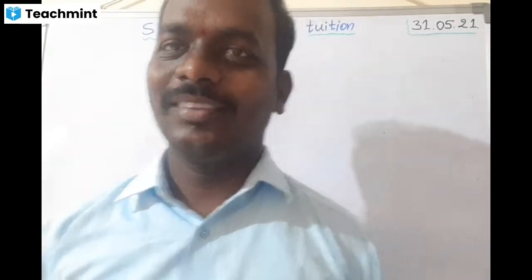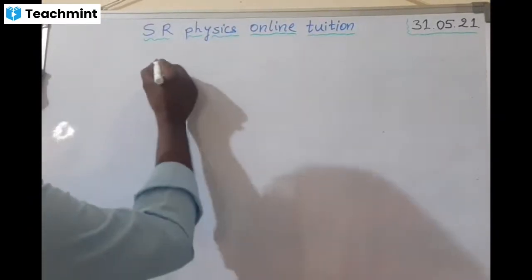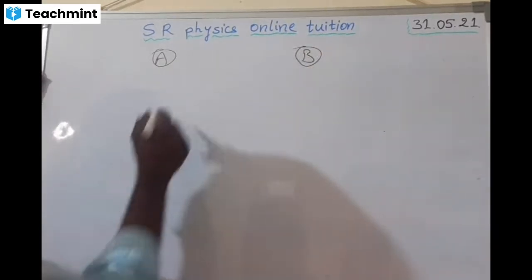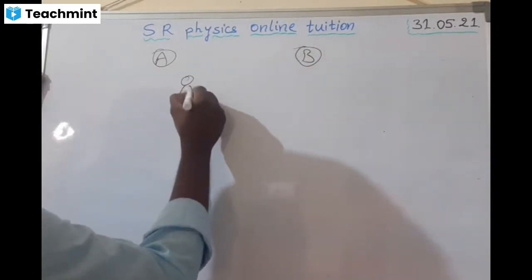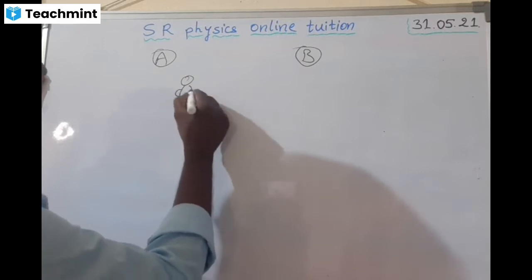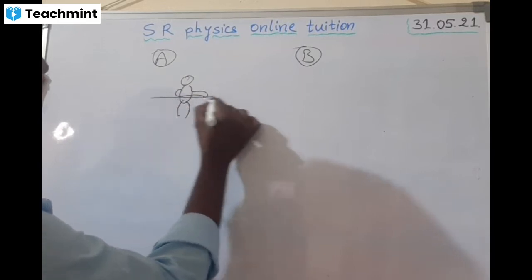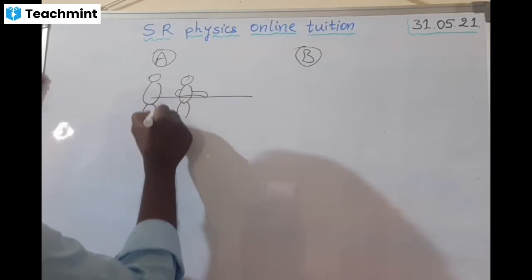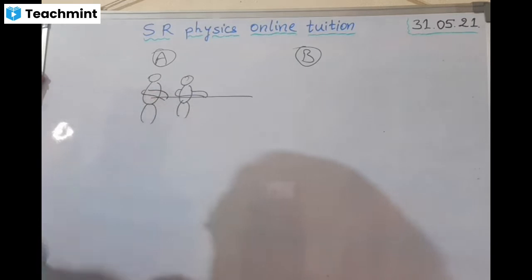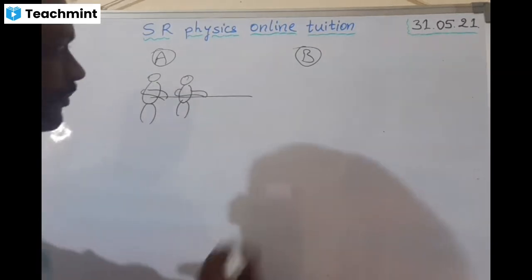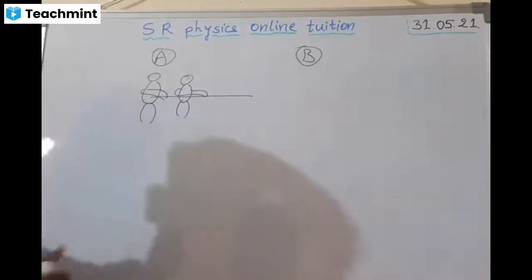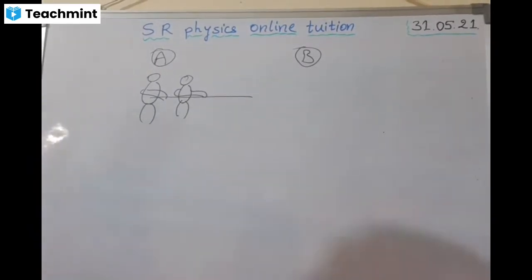So here, if you see, this is the A team and this is the B team. These are the persons. They are holding a rope in their hands. This side, two persons are there, and then this side, let us take another team.